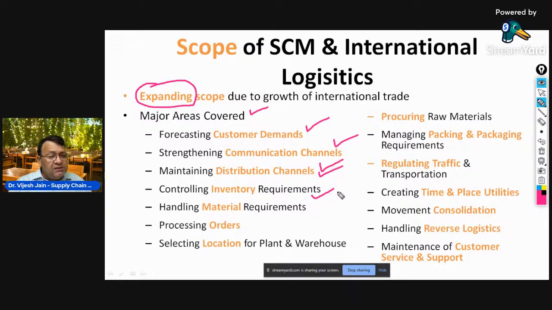So these areas are now covered, as well as handling the materials requirement, including the back end of the manufacturing of the goods. So those back ends are also part of the international supply chain management. As I had discussed in one of the sessions earlier, international trade at present is part of the global value chain.